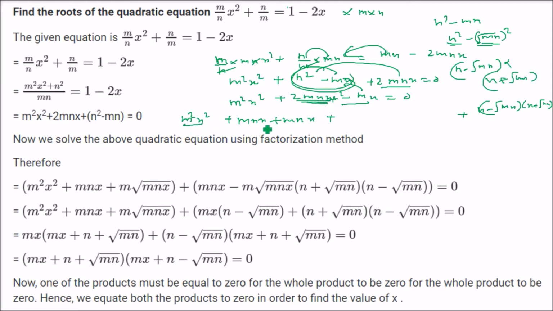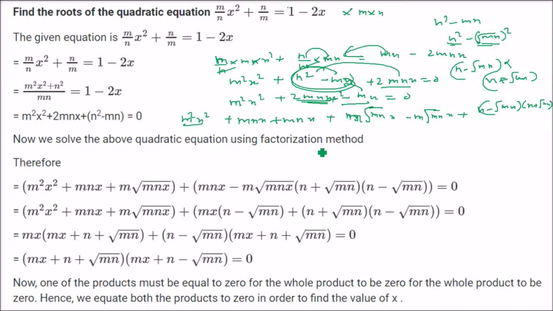So m square x square, I have written 2mnx as mnx plus mnx. Now I am adding and subtracting two things, that is m under root mn x I am adding, and this also I am subtracting, minus m root mn x, right?